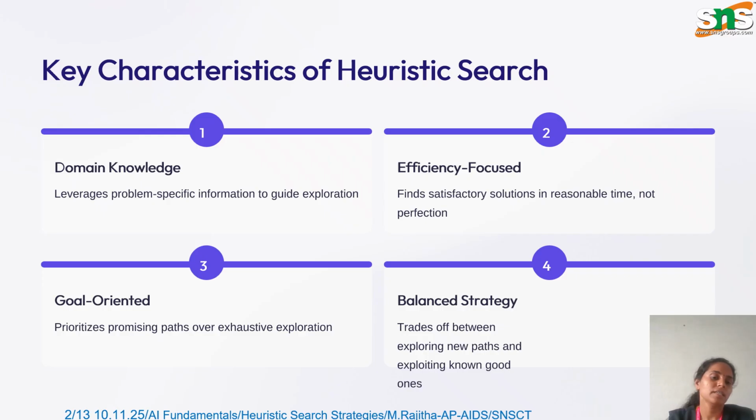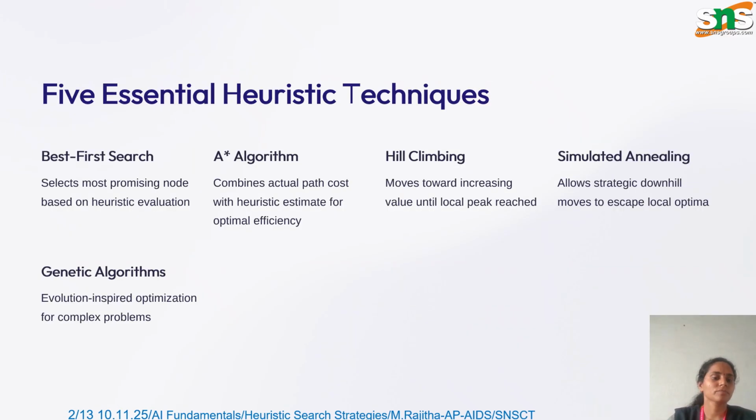Goal oriented: it concentrates on routes that seem closer to the target. And balanced strategy: it tries to explore new paths while also refining known good ones. In short, heuristic search focuses on being fast, practical and goal driven.